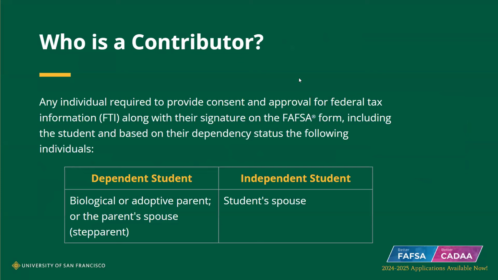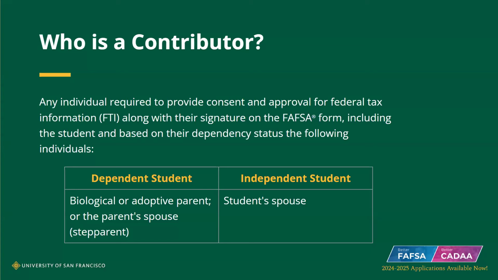Let's talk a little bit about who is a contributor. A contributor is any individual that's required to provide consent and/or approval for federal tax information and/or their signature on the FAFSA, including the student, and it's based on the student's dependency status. So for a dependent student, it would be the student, the biological, adoptive, or step parent, and that's if the parent is still married to the step parent.